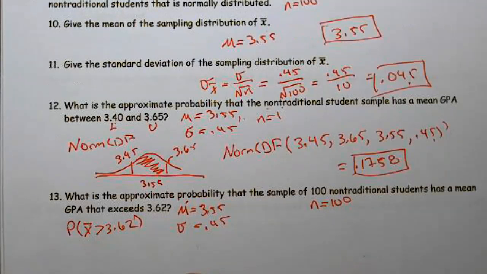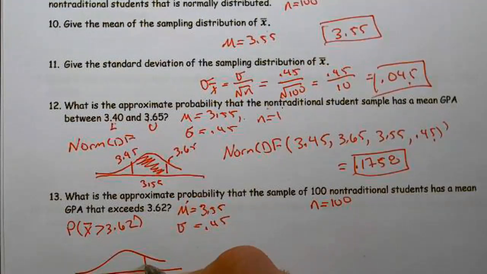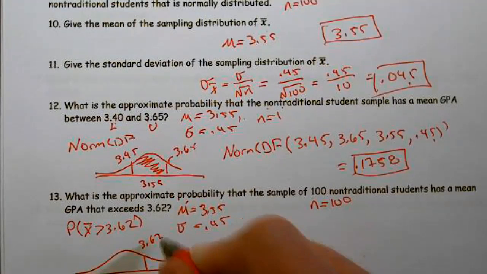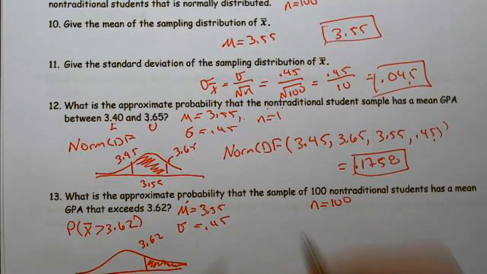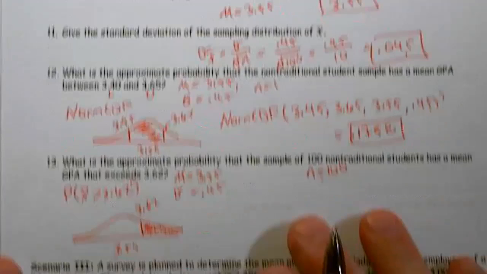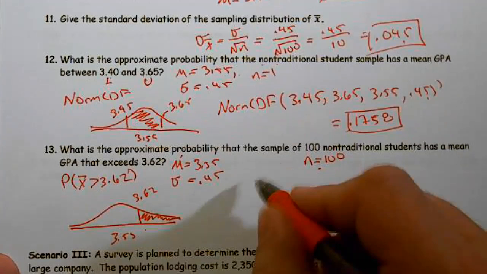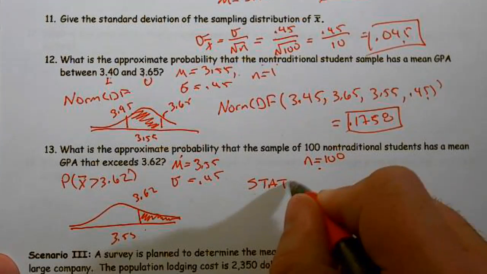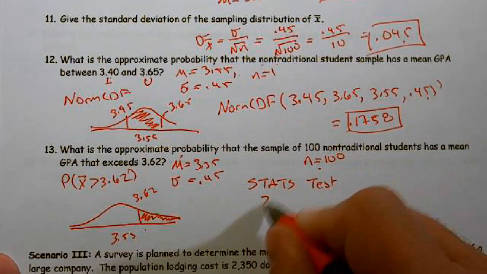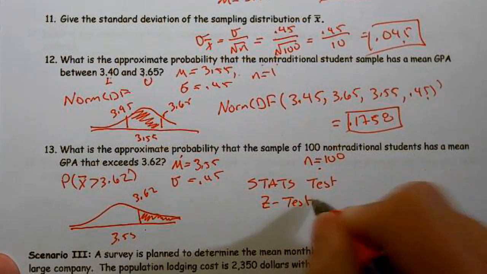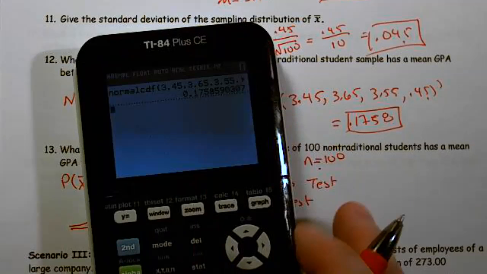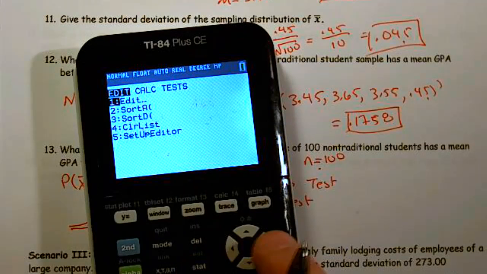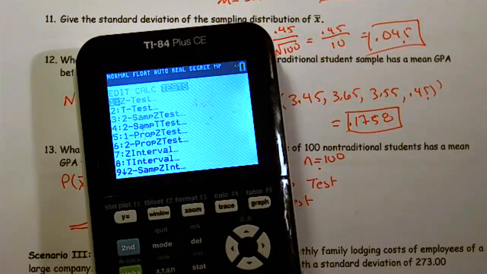So let's draw a picture of this. We have 3.55, and right here we have 3.62, and we want the probability that 100 students is greater than that. Since it's a sample of size 100, I'm going to go stats, test, z-test, press enter.